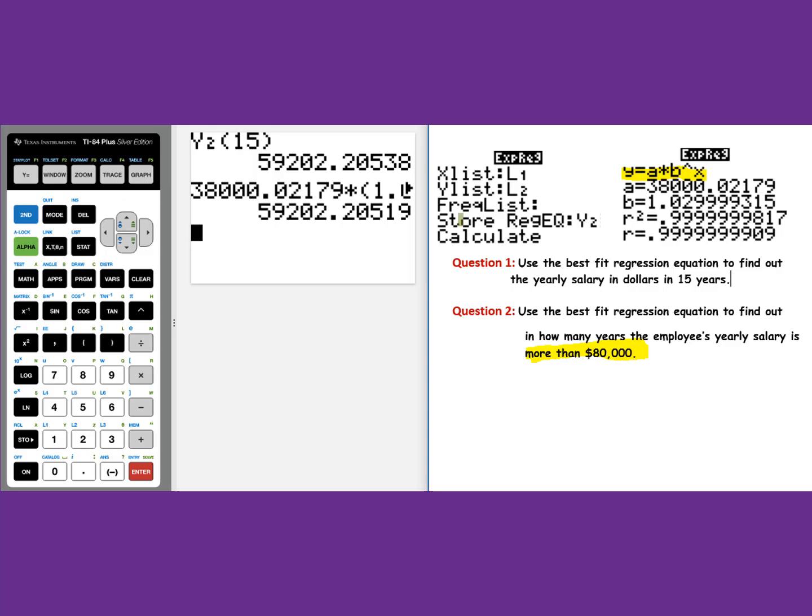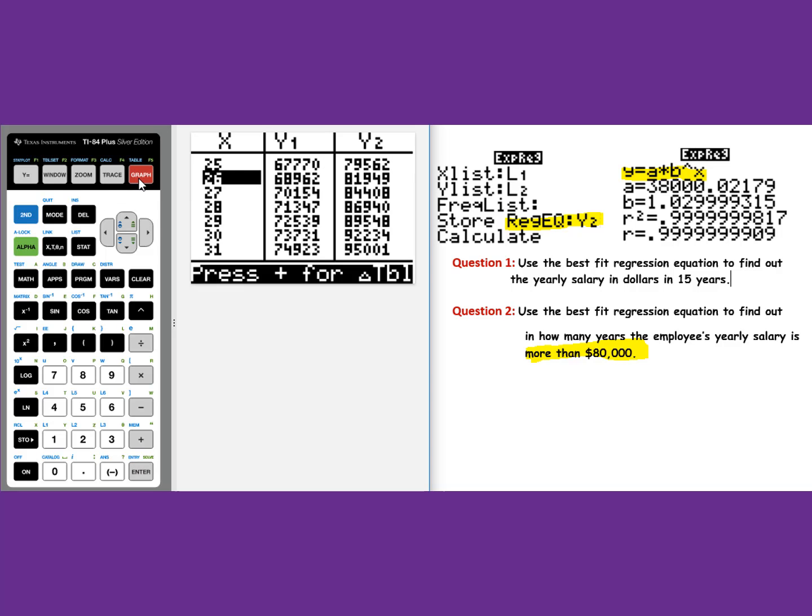First of all, since we stored this regression equation in Y2, we can go to second Graph, check the table. Check this part, Y2, and that is 26 years. Then the yearly salary will be more than 18,000.